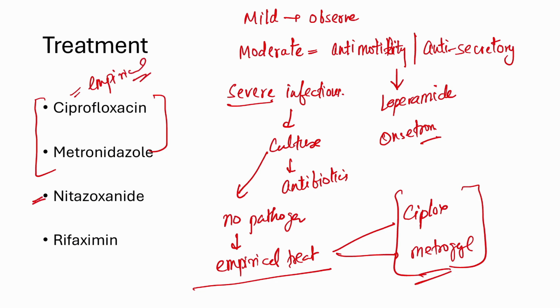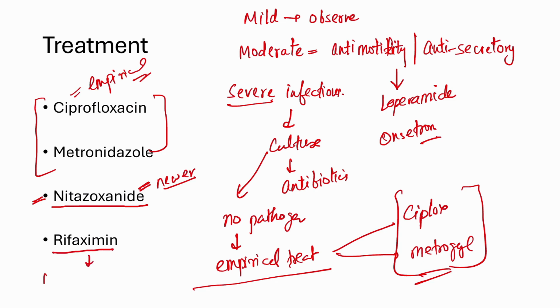Sometimes these two are not effective and you suspect that the patient has traveled to Nepal. There cryptosporidium is very much common. For cryptosporidium suspicion, or if the patient is not getting improvement with Ciplox and Metrogel, you will have to give nitazoxanide. It is a newer antibiotic.